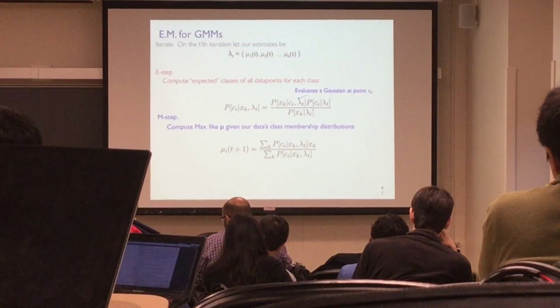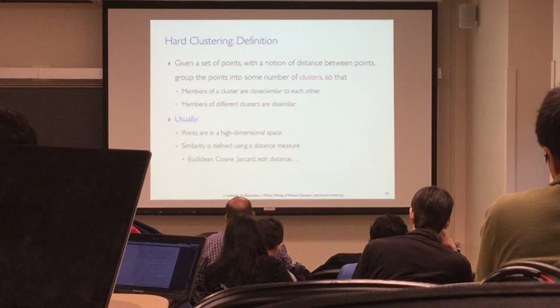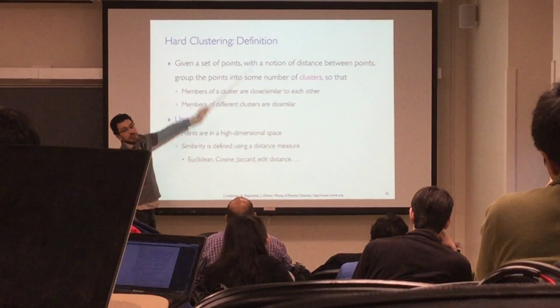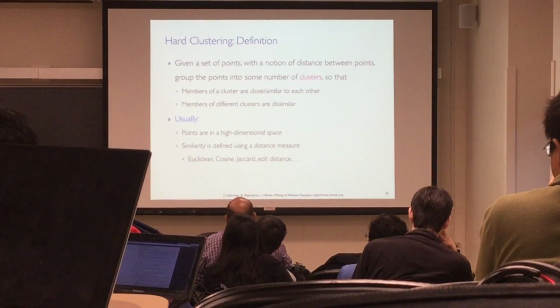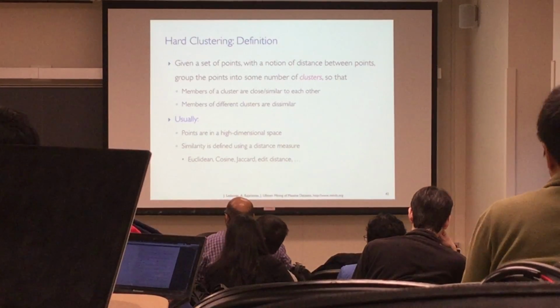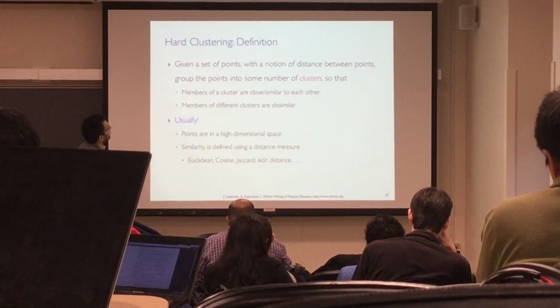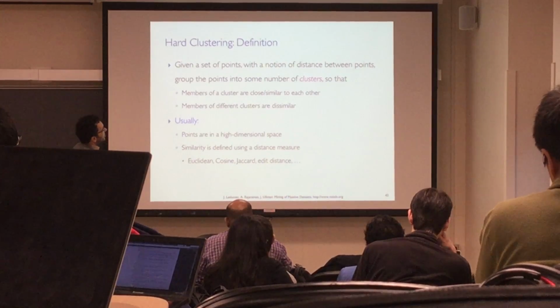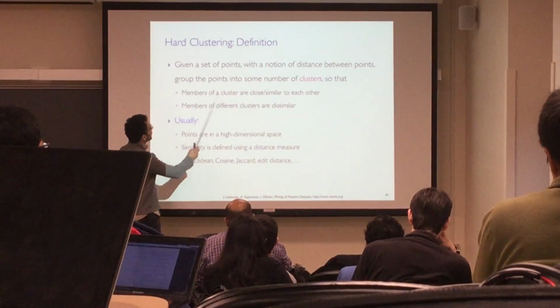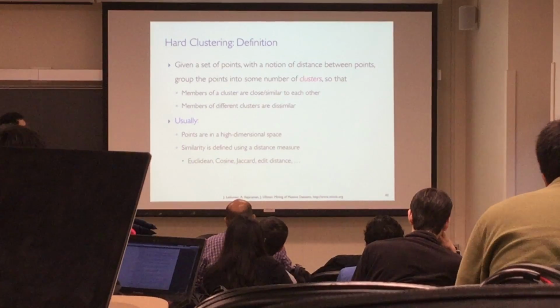We are giving a probability that you are. Now, in hard clustering, we are saying no. You have one class and one class only, and you have to decide which one. So you have to give a notion of distance between the points. There are a number of heuristics to do this.